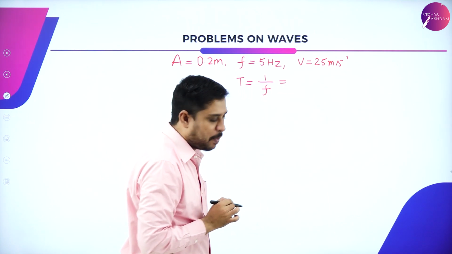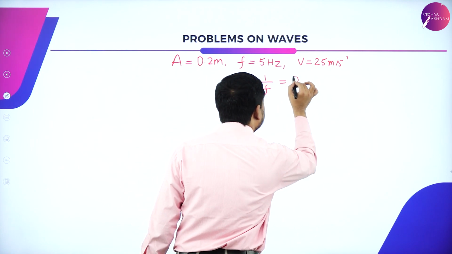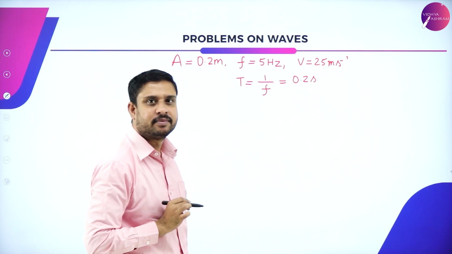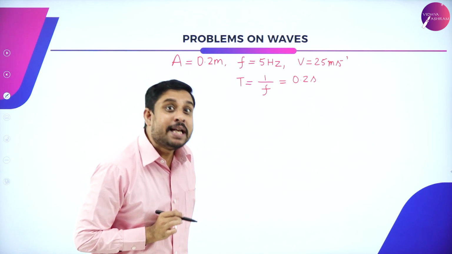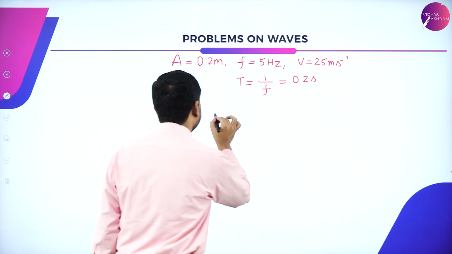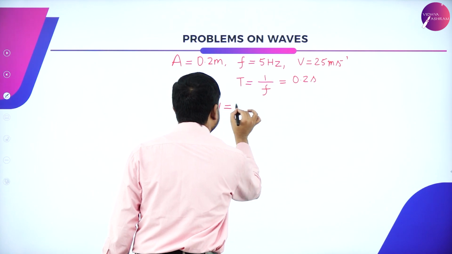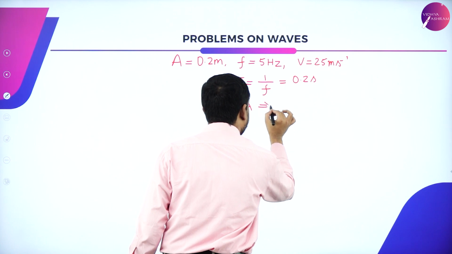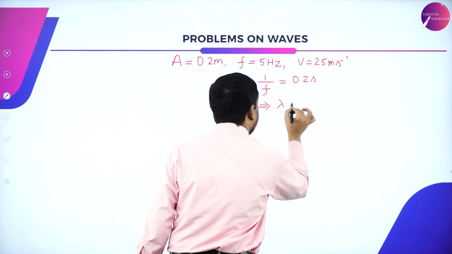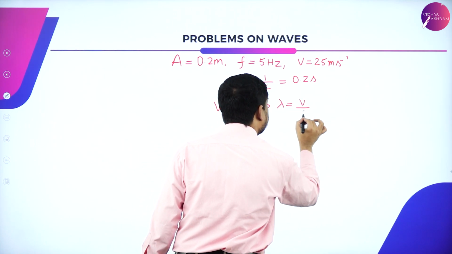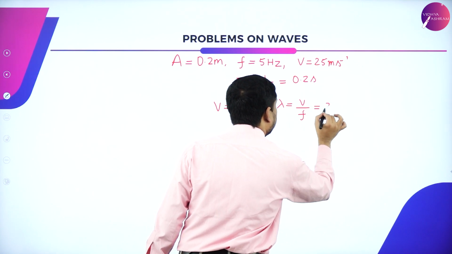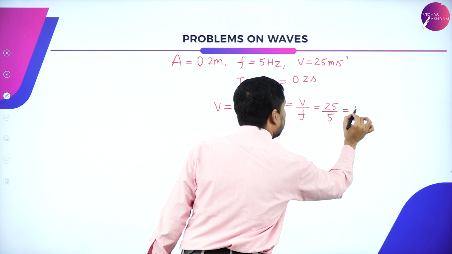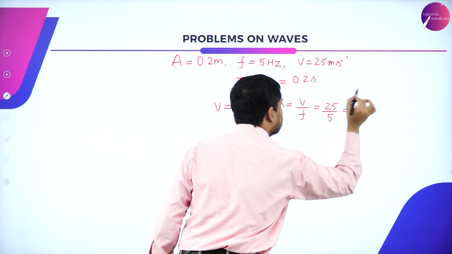This is 1 by 5, 0.2 seconds. How will I calculate wavelength? V is f lambda, which implies lambda is V by f, 25 by 5, which is 5 meter.